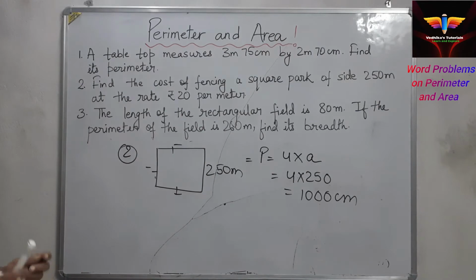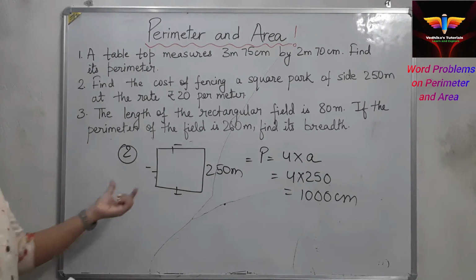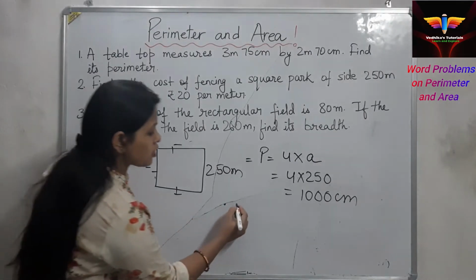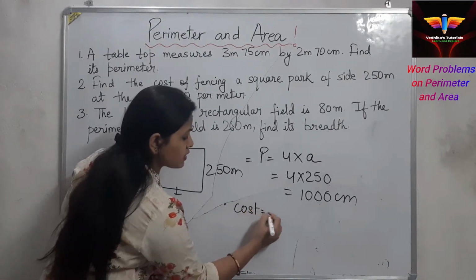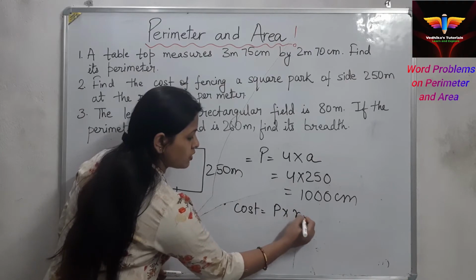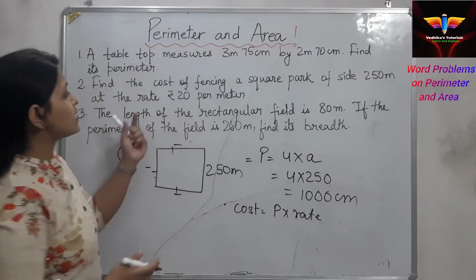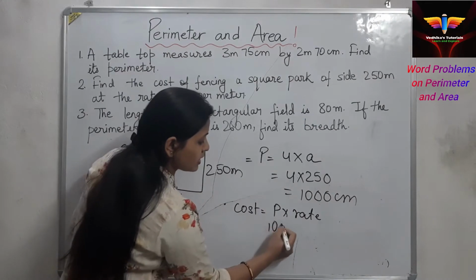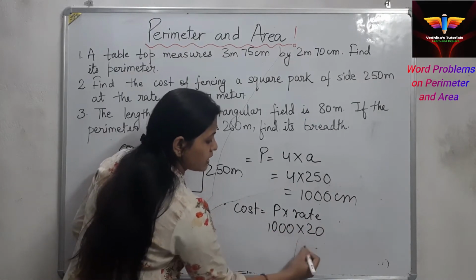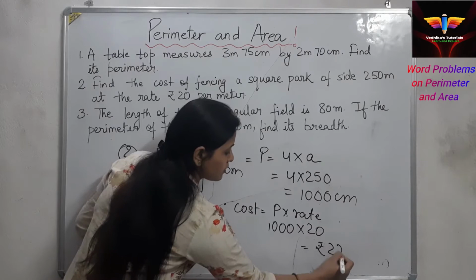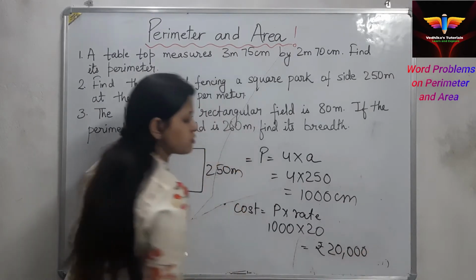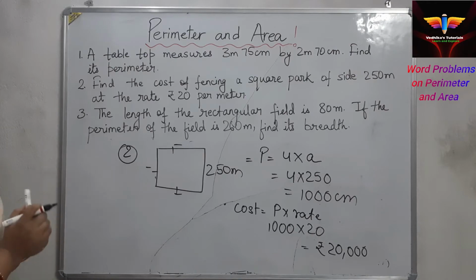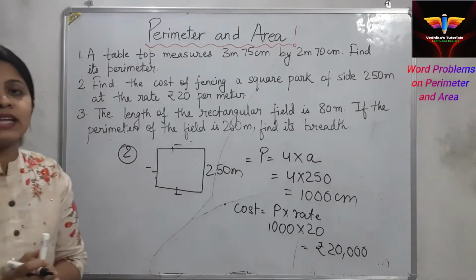Now cost of fencing is perimeter into rate. So what is the rate? Rate is 20 per meter and the perimeter is 1000. So 1000 into 20, which is equal to rupees 20,000. So we can write that the cost of fencing the square park is rupees 20,000.